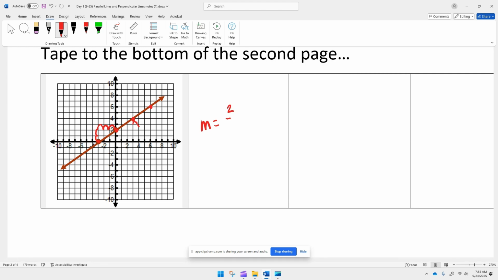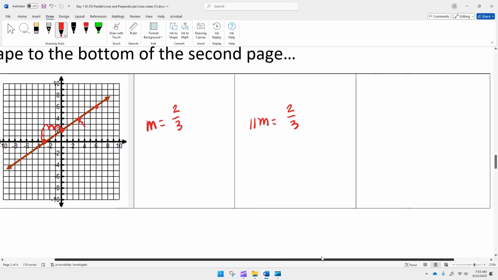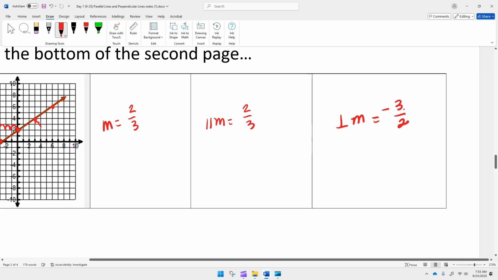You're going from each point. Parallel slope is going to be the same. Perpendicular slope is going to be negative from positive. Flip the fraction. Negative 3/2.